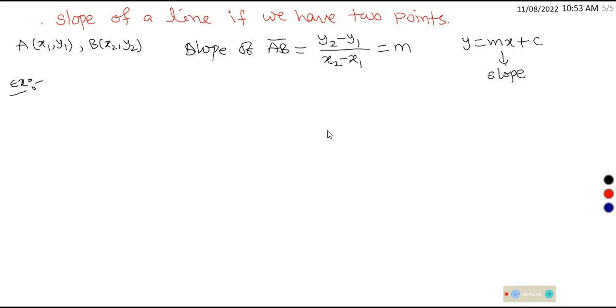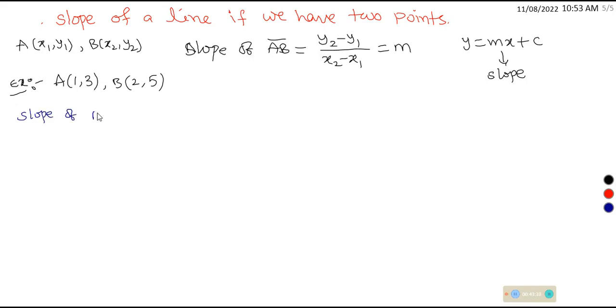So, let us see one example, any one example. A is 1, 3 and B is 2, 5, anything, just orally I chose one problem. We will see what will be the slope of this line. Now, slope of AB.